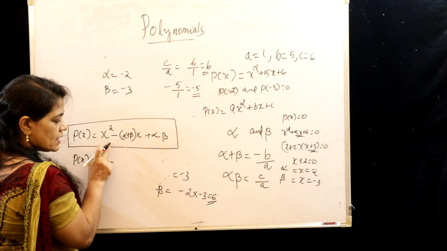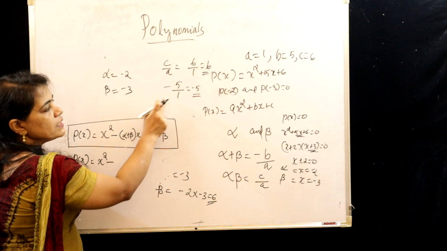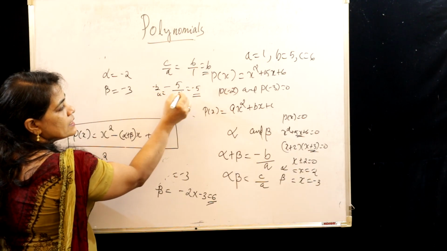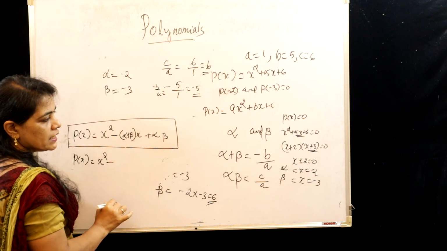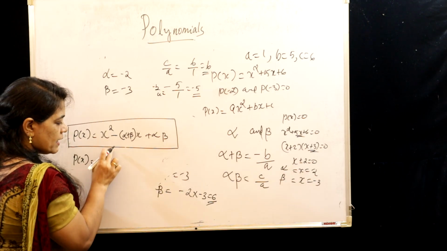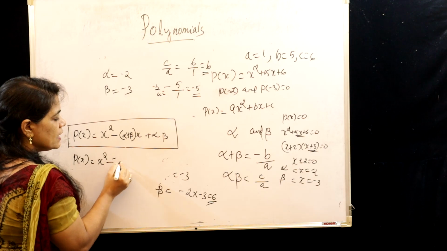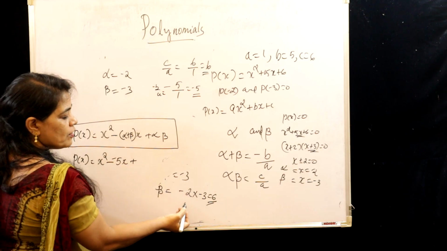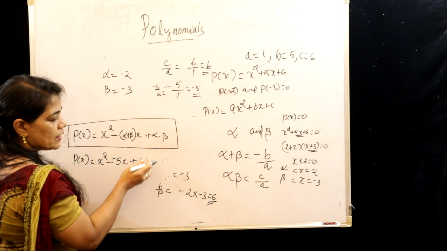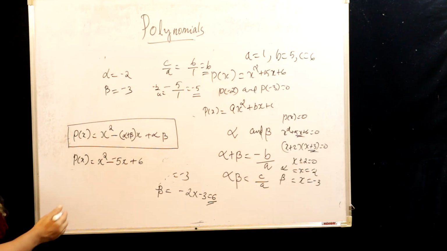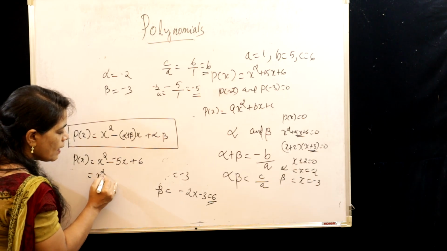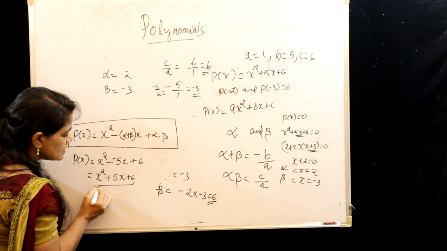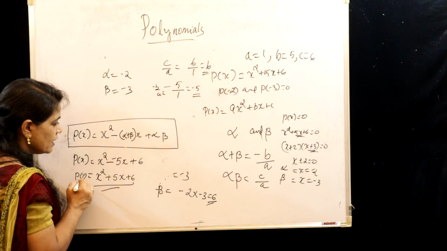So this minus sign is already there, and alpha plus beta equals minus 5, so minus of minus 5 into x, plus alpha beta. What is alpha beta? Alpha beta is 6. So this is equal to x square plus 5x plus 6. This is the polynomial we already have taken.